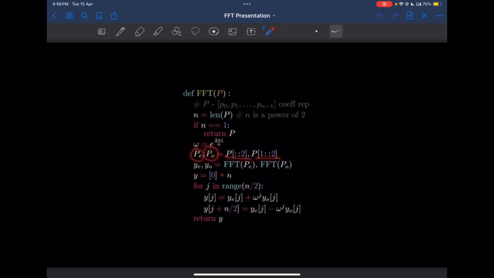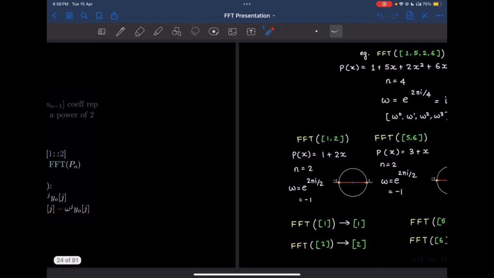Then we define the recursive step of the algorithm where the function is called on the even part and the odd part, and an empty output array of the corresponding size is created. How this empty array of outputs is populated is decided by the statements inside the for loop, and the array is then returned. And this step is repeated again and again until the final solution is obtained.